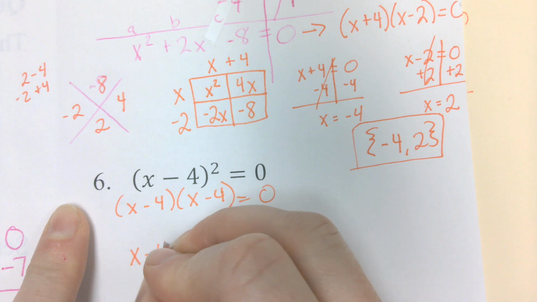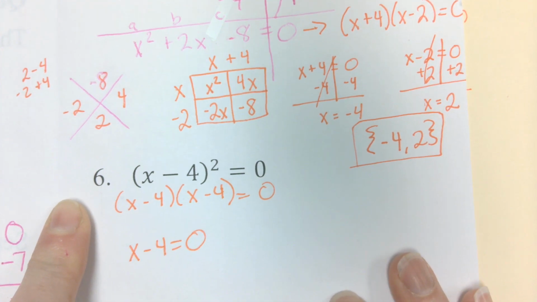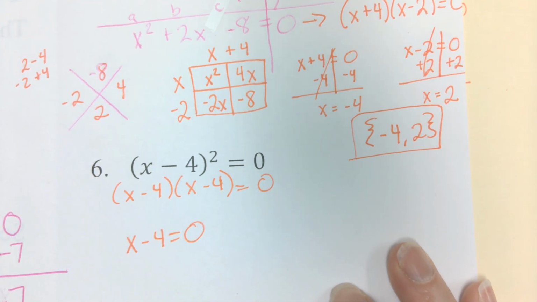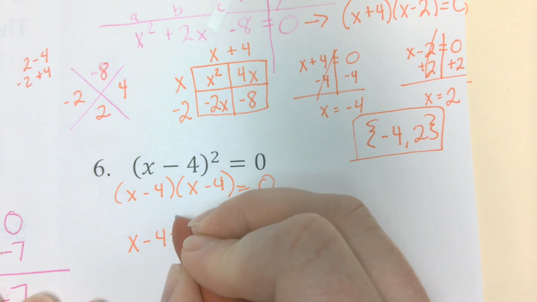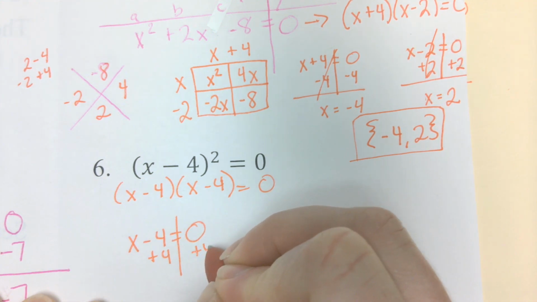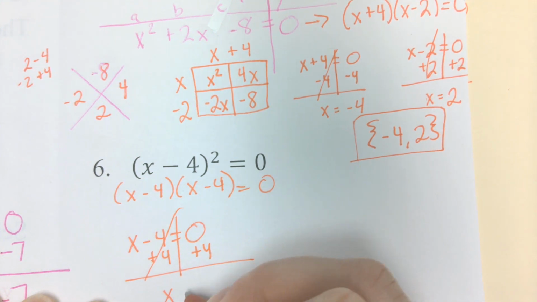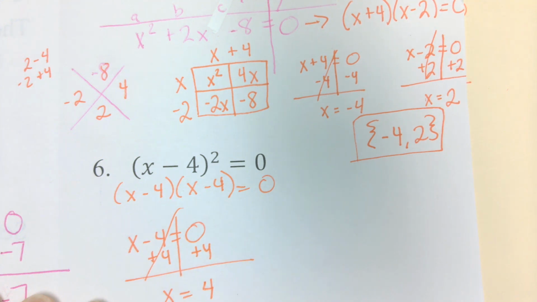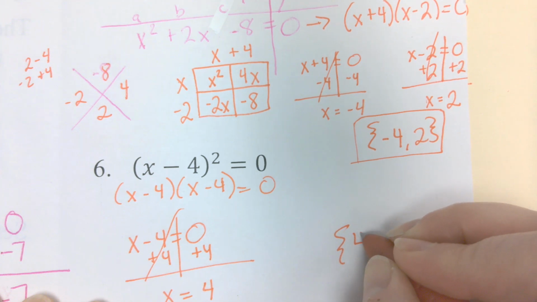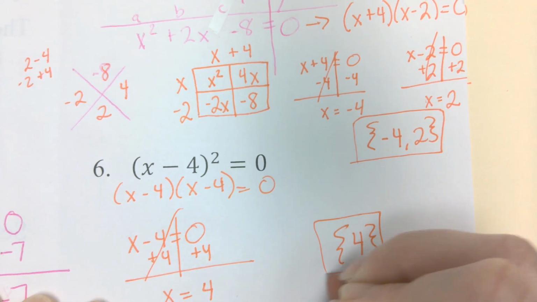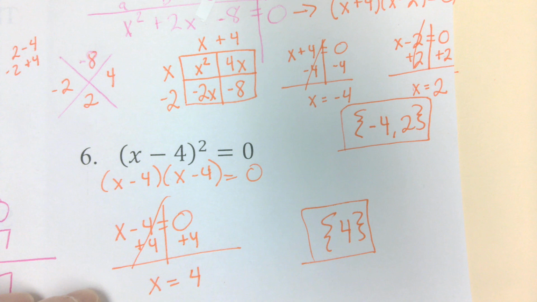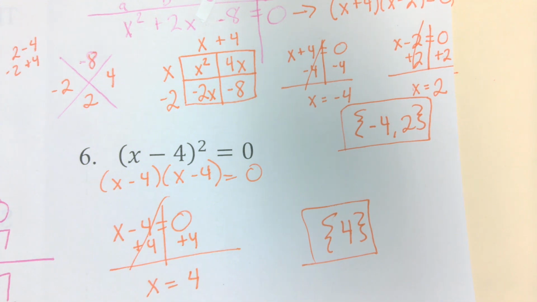So I only have to do this once because there is one distinct factor written twice. X equals 4. Okay. So go ahead and glue these notes in.